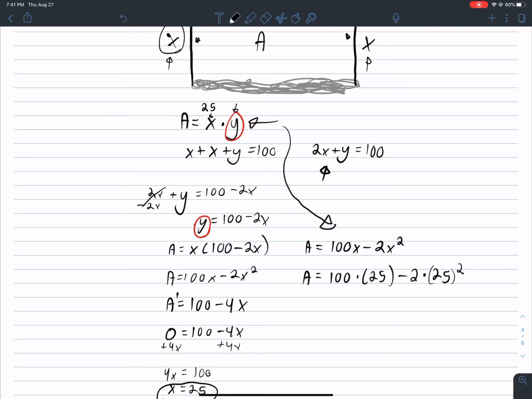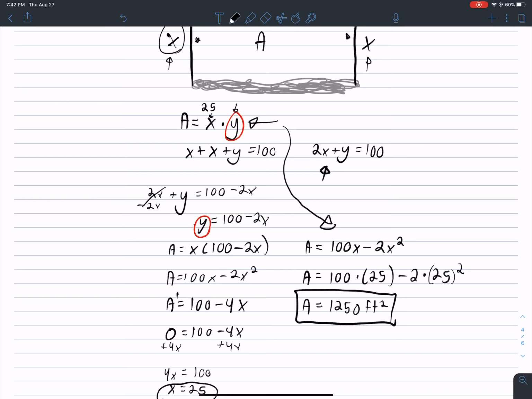This ends up equaling A equals 1,250 feet squared. So that's your maximum area.